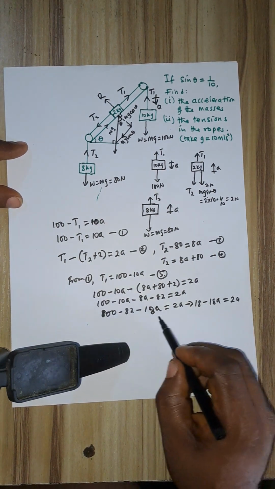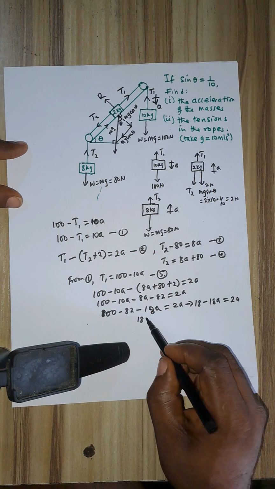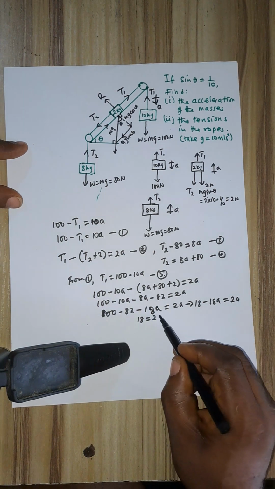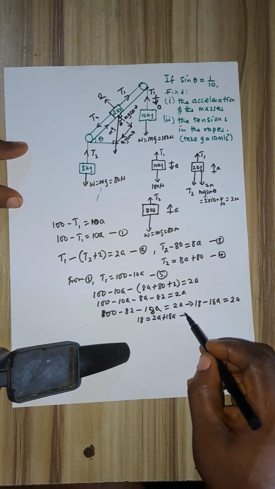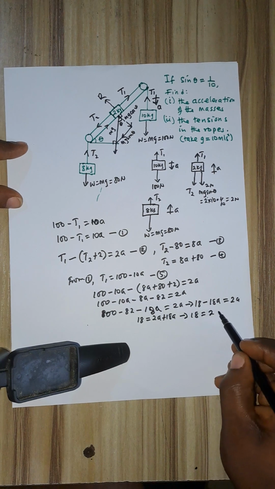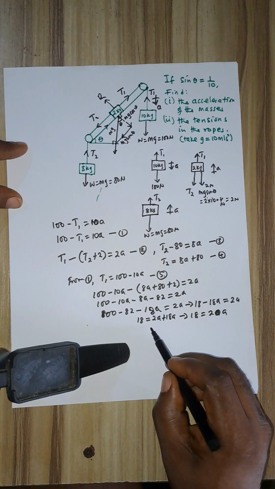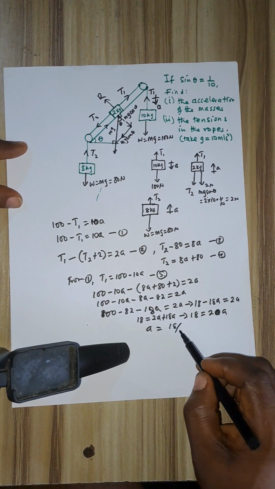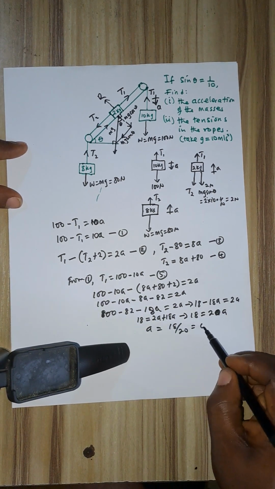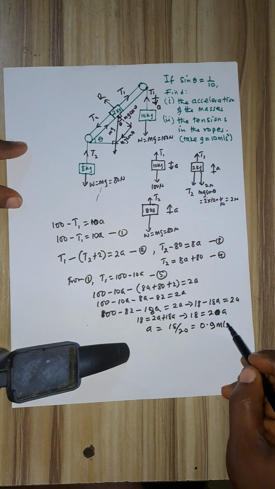So we now have 18 equals 2a plus 18a. That gives us 18 equals 20a. So a becomes 18 over 20. That gives us 0.9 meter per second squared.